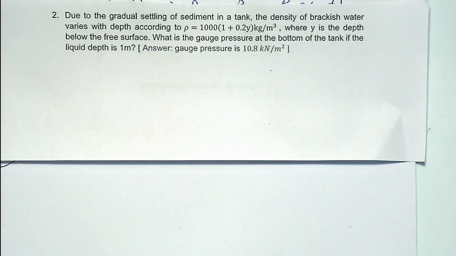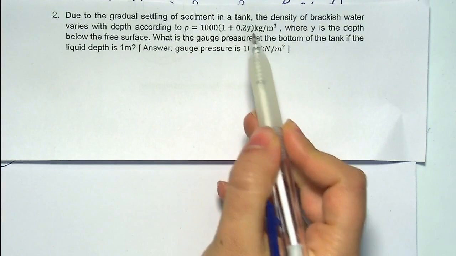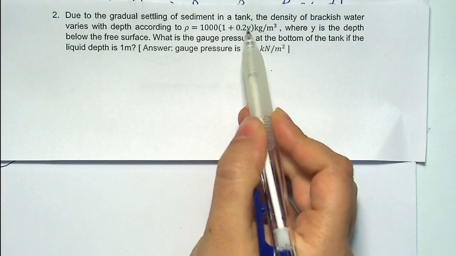Because of the settlement, the density of the brackish water is not constant. As you go down the tank, the density increases. The equation to calculate the density is also given to you, and y is the depth below the free surface. This is important: the y direction is downward. So you would use the depth as y in this equation.